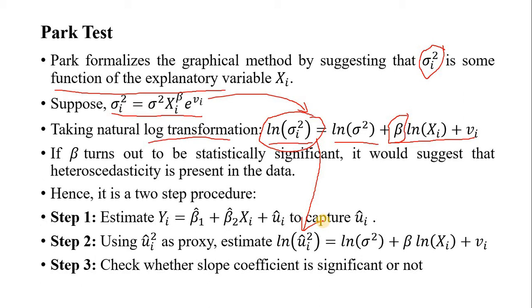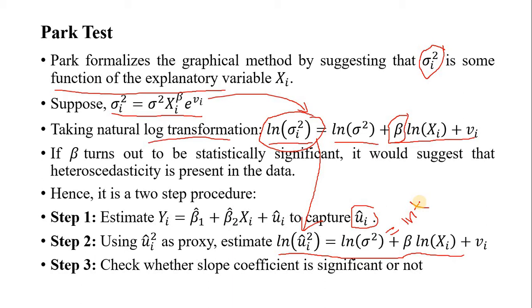You estimate a normal regression like yi is equal to beta 1 plus beta 2 xi plus ui, and capture u cap and u cap square. Then ln u cap square is equal to ln sigma square, which is nothing but the intercept, plus beta ln xi plus vi.